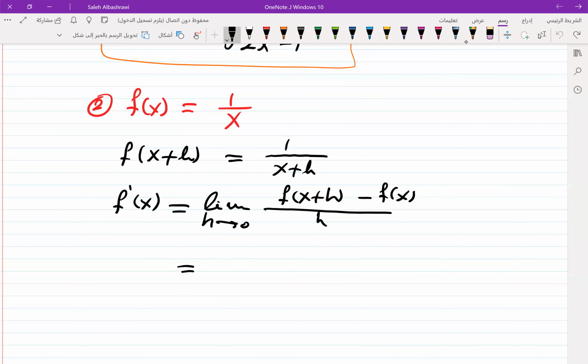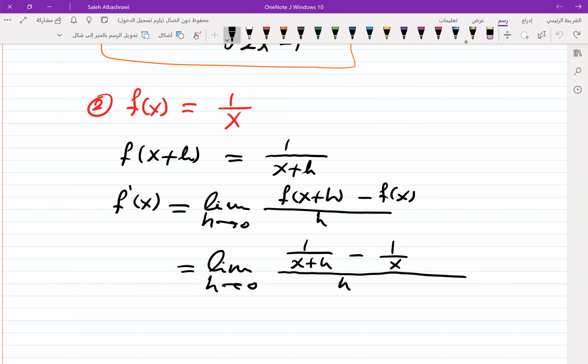This is equal to the limit of, f of x plus h is 1 over x plus h, minus 1 over x, all over h, where h goes to 0.